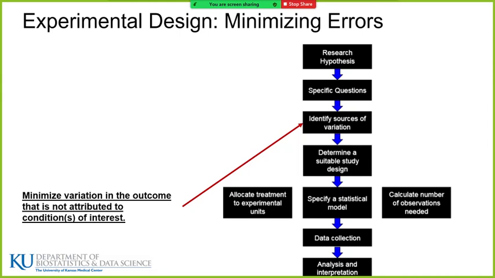One of the ways I could do that could be that I limit my study to only females. With any decision, there is a benefit, and that is I'm controlling that important source of variation, but there's also a cost to that decision. And the cost is, when I get done with this study, this valid result can only be applied to women.